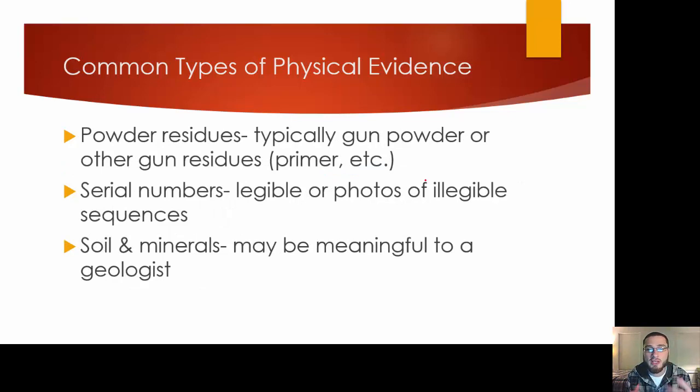Powder residues, serial numbers. Think about cars have serial numbers, firearms have serial numbers. These are specific to that specific car, to that specific firearm. Even if you have something that's mass produced, they might have a serial number that they only made 100 of those.